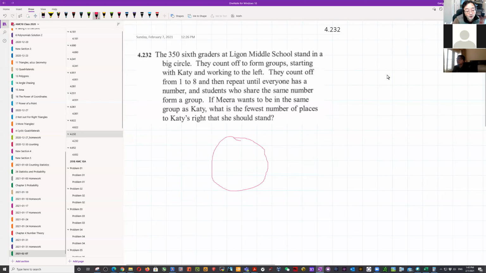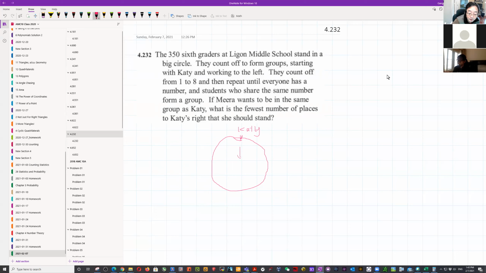356 graders are standing in a big circle, and they count off to form groups. Starting at Katie, let's say Katie is here, and working to the left.